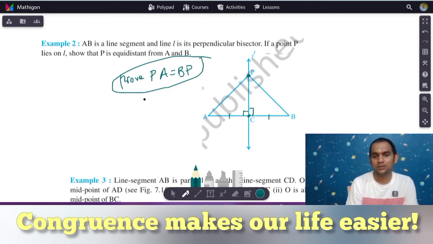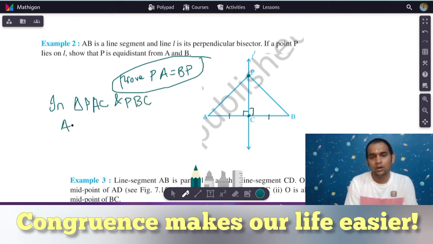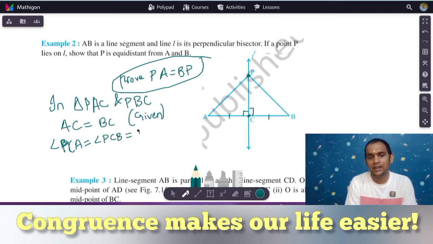So how do we proceed? We will take 2 triangles. In triangle PAC and PBC, we already know AC is equal to BC because this is the given criteria, and angle PCA is equal to angle PCB, that is 90 degrees.